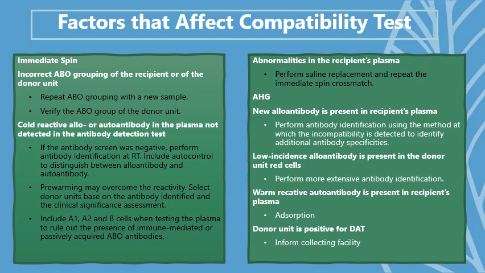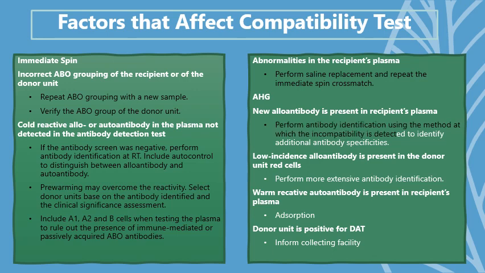Next, in the AHG phase. There is a new alloantibody present in the recipient's plasma. So the resolution is to perform antibody identification using the method at which the incompatibility is detected, to identify additional antibody specificities. Next, there is a low incidence alloantibody present in the donor red cells.